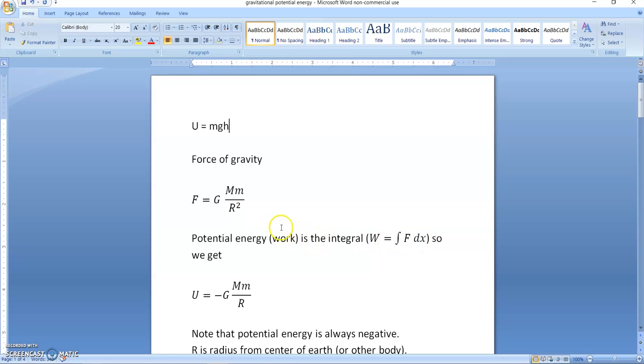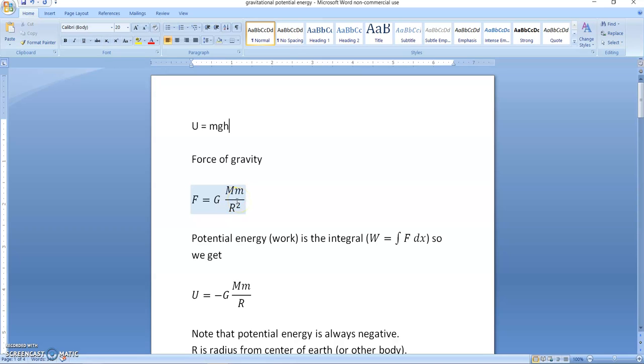In this case, if I want to get the potential energy of launching a rocket, that means the amount of work I did on the rocket. And that means I'm going to have to integrate the force function, which is our gravity function. I won't go through the gory calculus details because not all of you are in there.